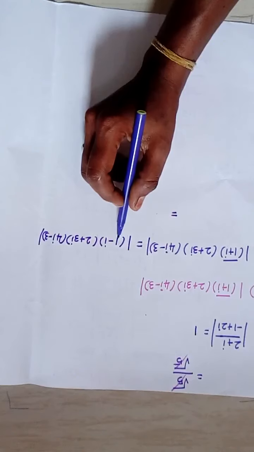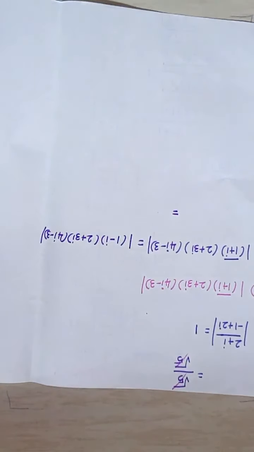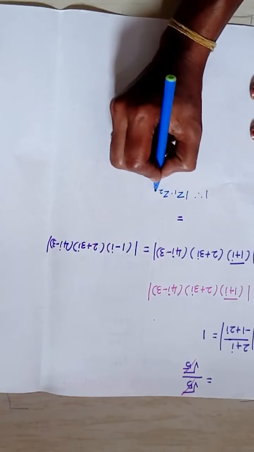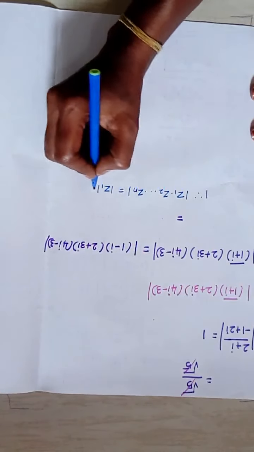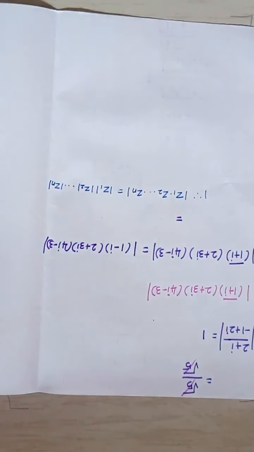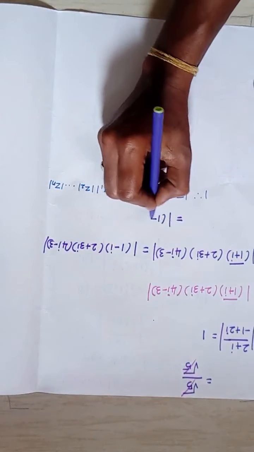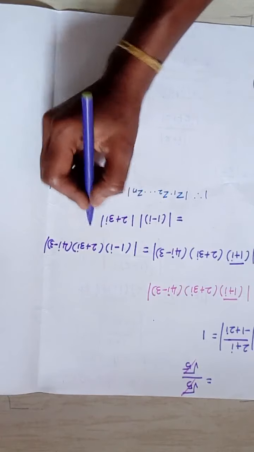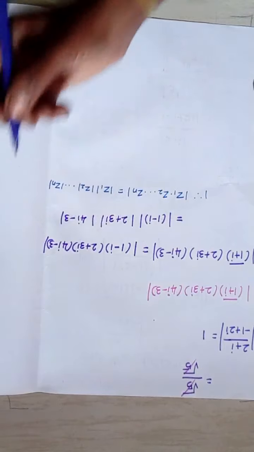Next, write separate moduli for this, because we know the rule: modulus of z1 into z2 into etc. zn can be written as modulus of z1 into modulus of z2 etc. into modulus of zn. So modulus of (1 minus i) into modulus of (2 plus 3i) into modulus of (4i minus 3).